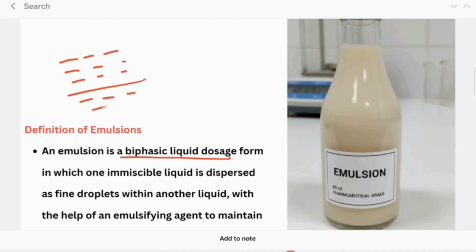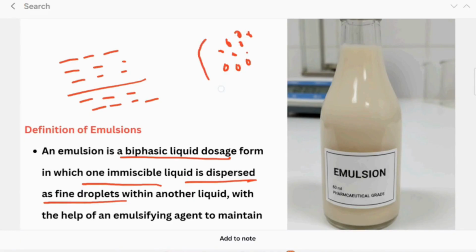One of the phases is dispersed as fine droplets, and another phase is surrounding this internal phase. And this is achieved by the help of an emulsifying agent to maintain the stability.